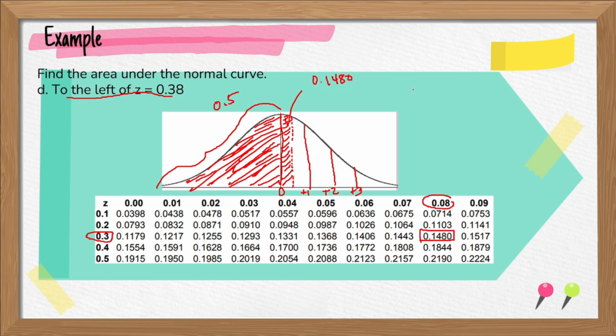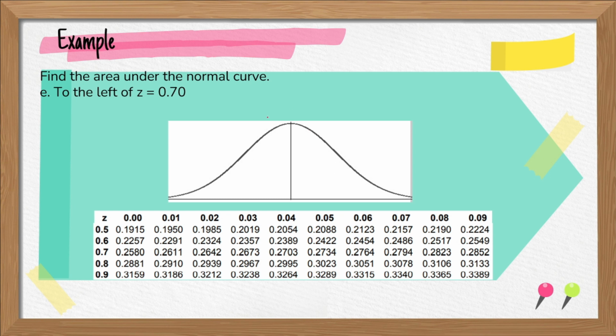So, ibig sabihin, 0.5000 plus 0.1480. So, pag in-add natin, magiging sagot ay 0.6480. So, that means ang area to the left of 0.38 is 0.6480. Okay?